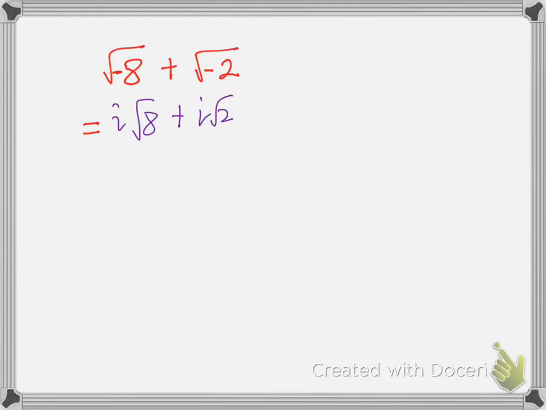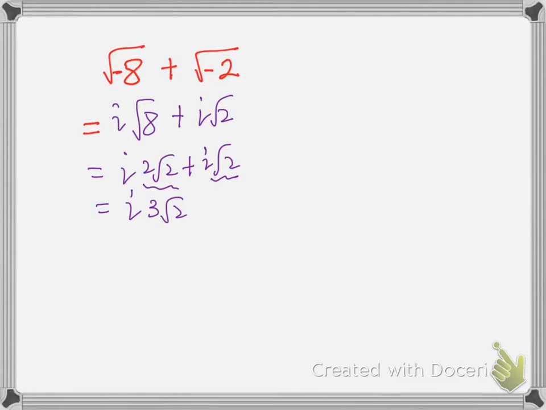Radical 8 is 2 radical 2, so this is i times 2 radical 2 plus i times radical 2. We can combine them, so this is 3 radical 2.